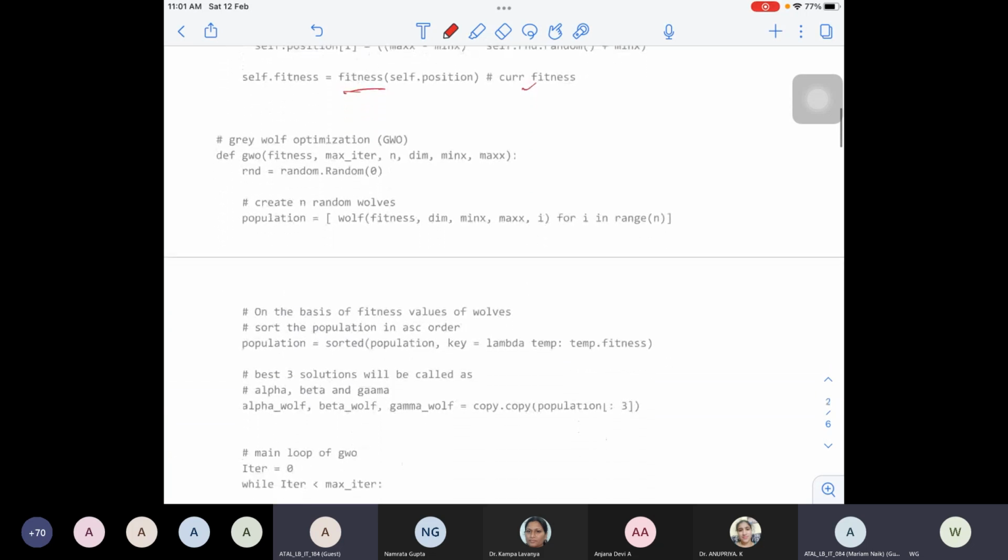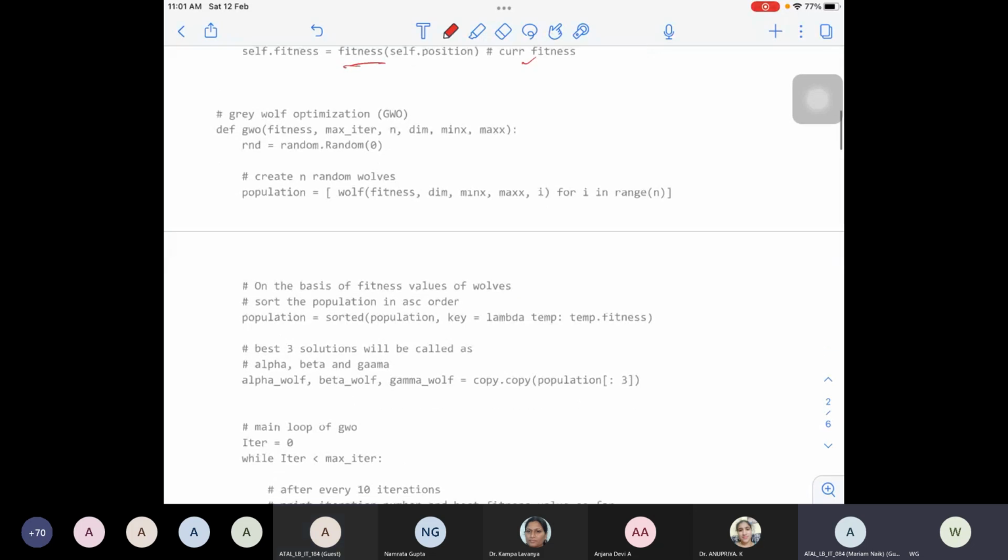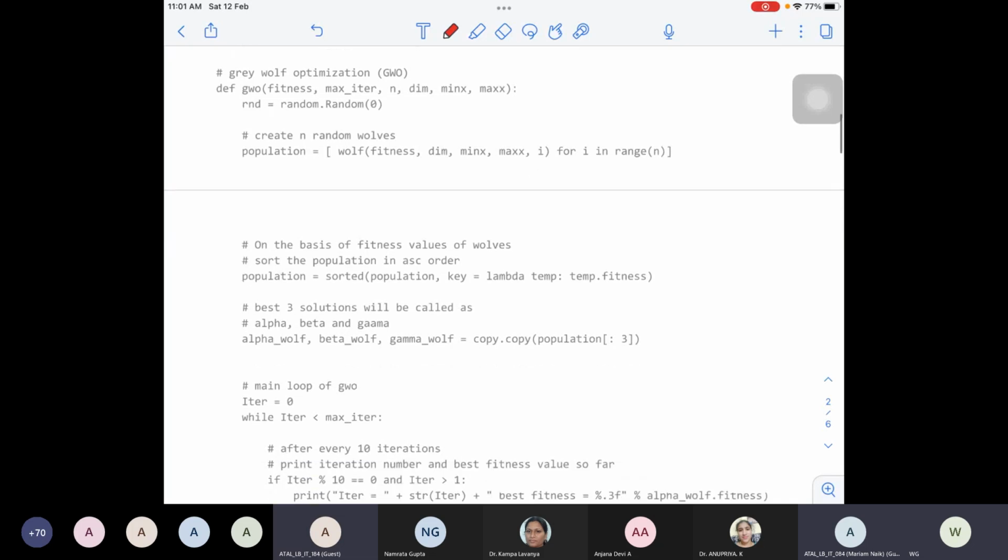So now we have the Grey-Wolf optimization. Here too, you have a population of n random wolves that have been created, and then the fitness of each of these is computed, and then the fitness is sorted, right?